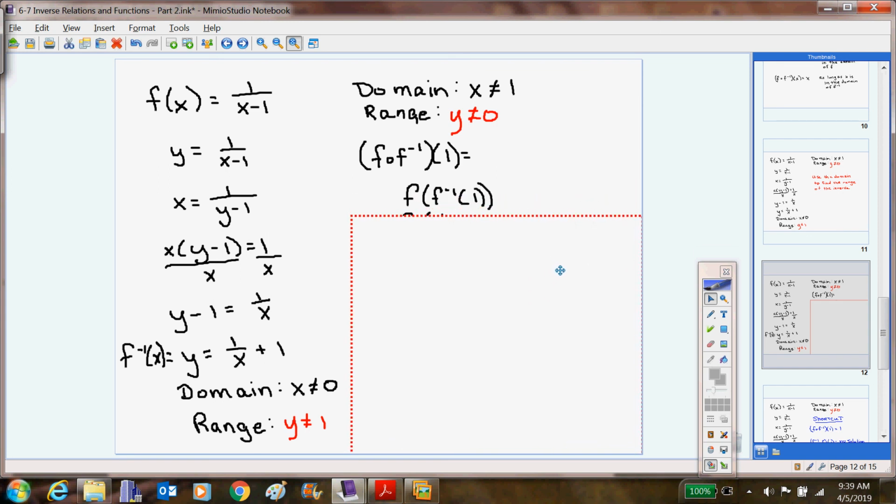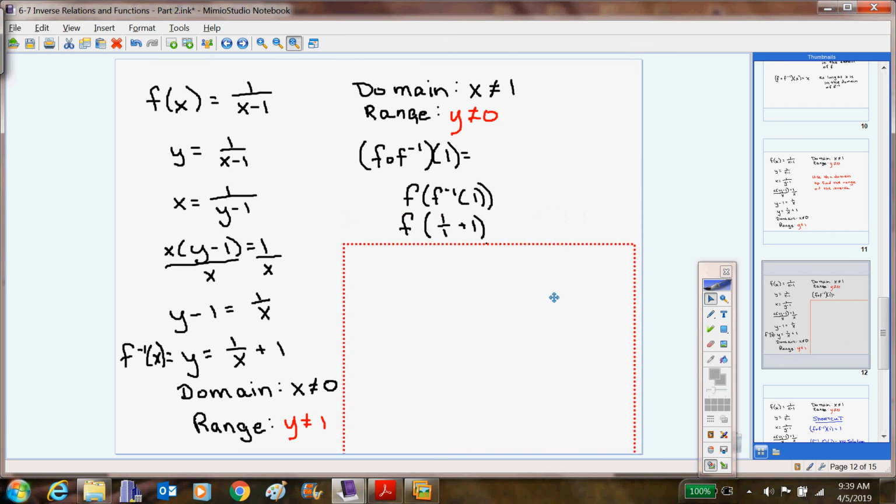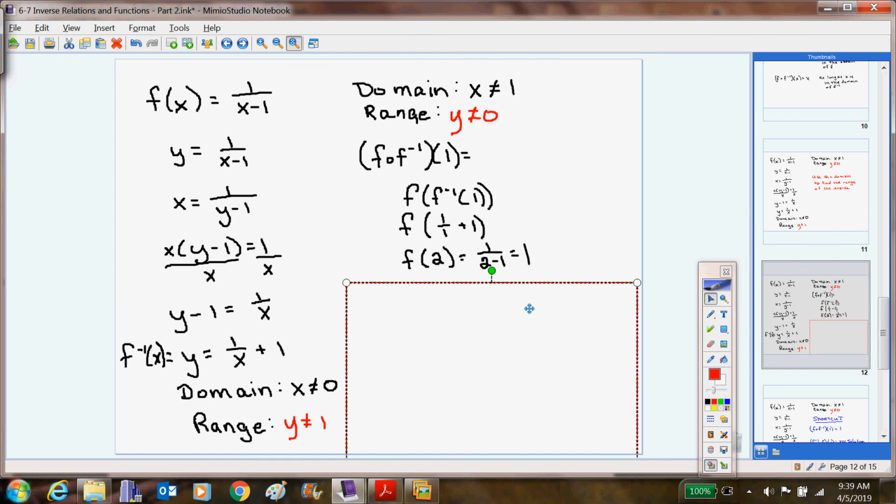So f inverse of 1 is 2, so we would plug that into f, and we would end up with f of 2, which gives 1 as an answer, and that's fine.